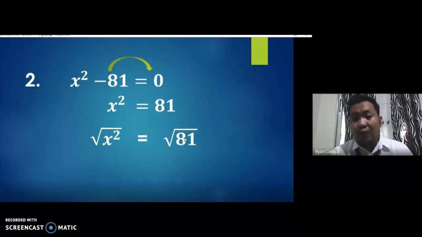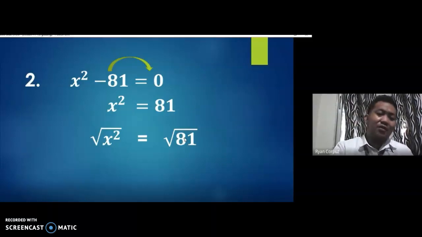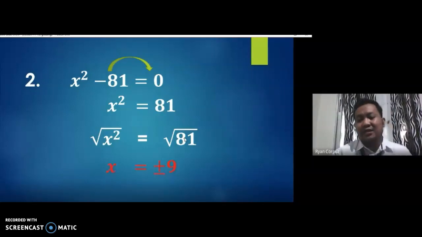That is the principal root. But also, the square root of 81 is negative 9. So that's why the solutions of x squared minus 81 is equal to 0 are x is equal to positive and negative 9.